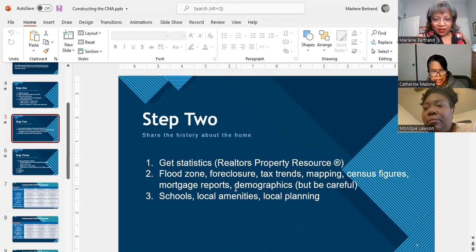Now, I do want to ask you to be careful about demographics when you're reporting demographics, because we don't want to sound like we're, what is that word, Monique? Steering. And blockbusting. Yes, that.